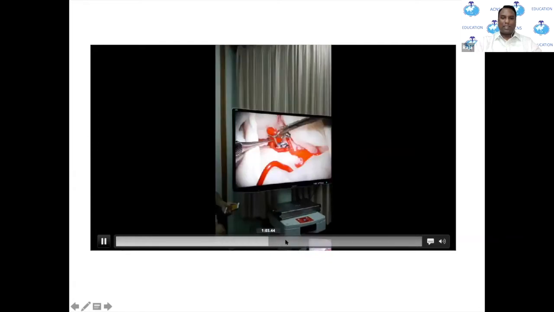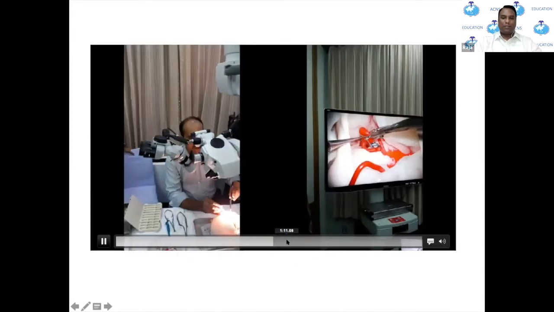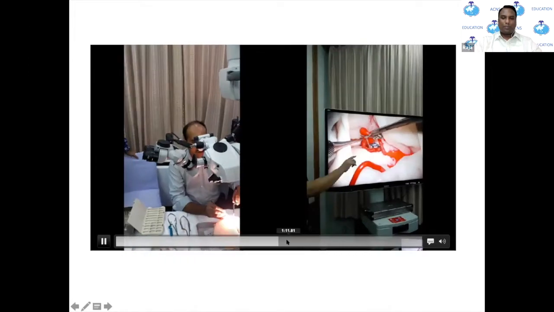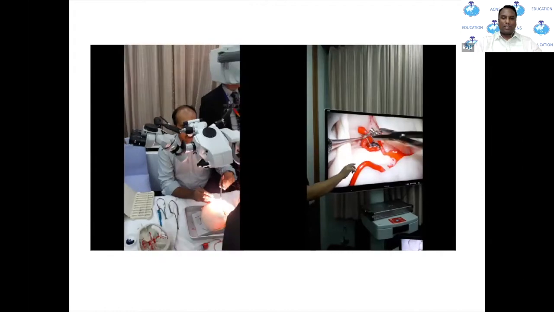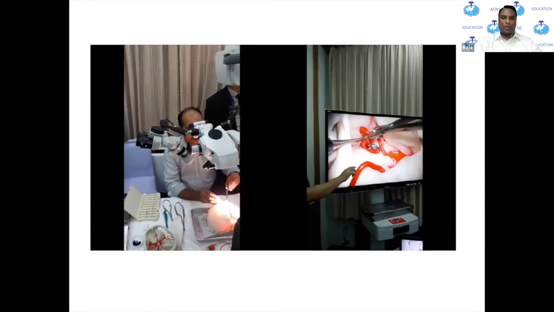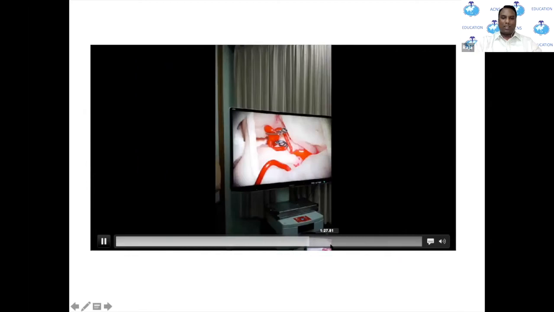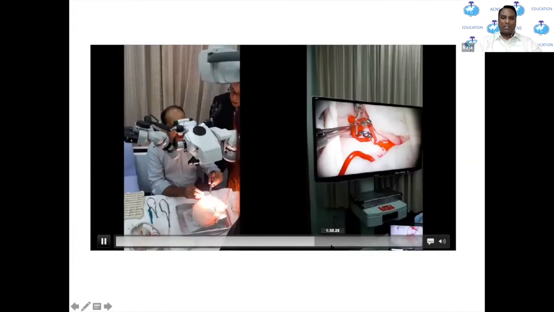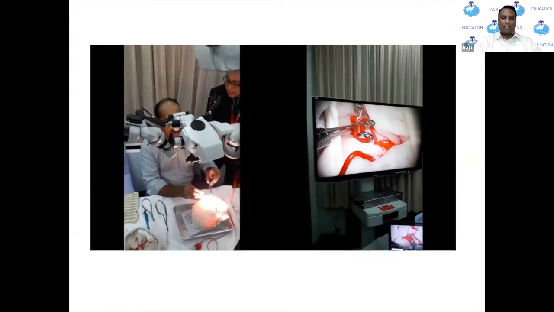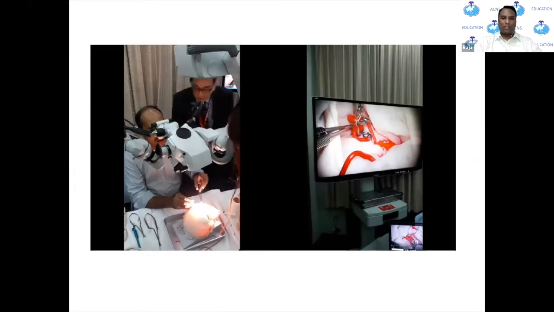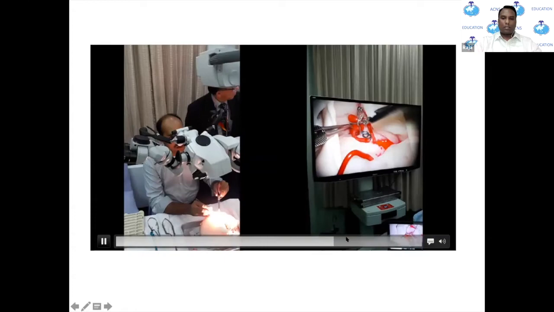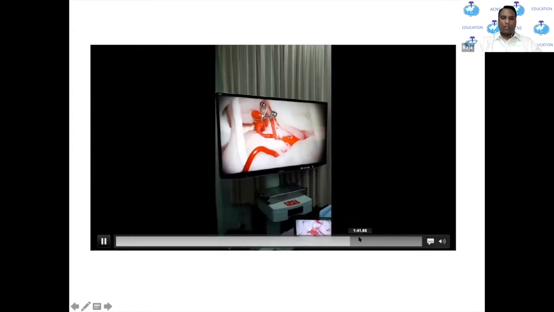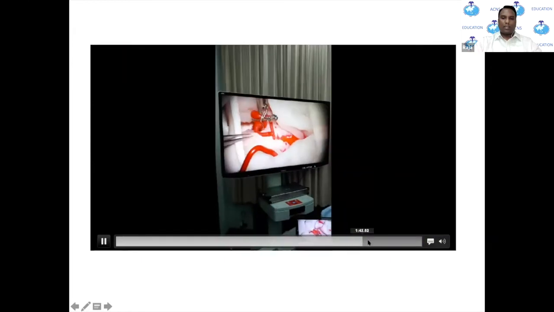And finally, they clip it. These are the intersecting clips. The clip blades are too long. And then again, and then finally you remove the clip.